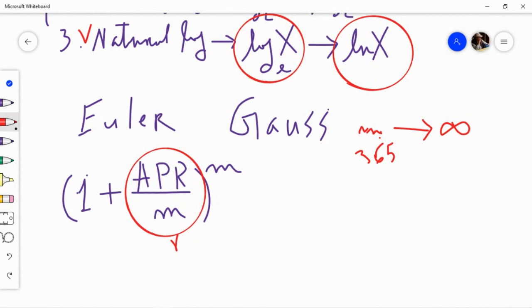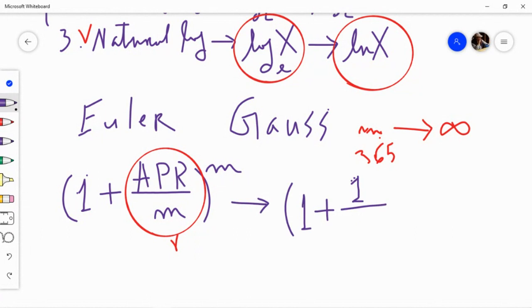No matter what APR is, this will be a very small number. So we'll just replace APR by 1, okay?